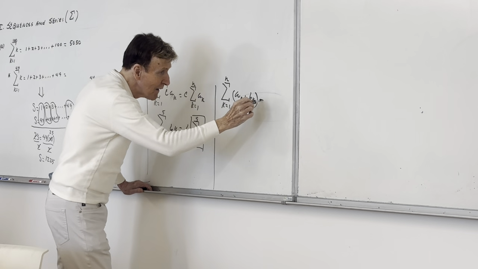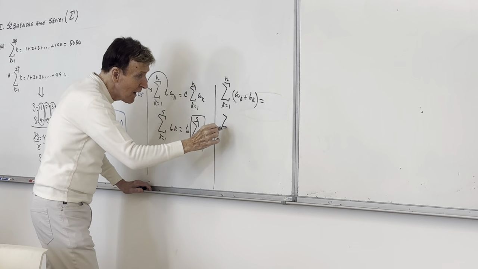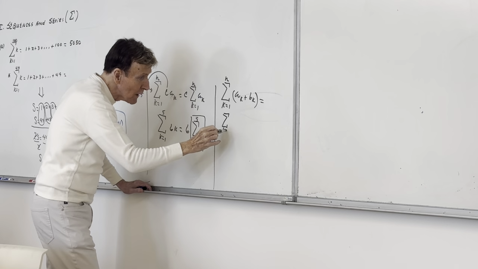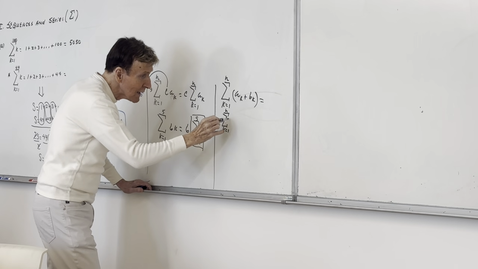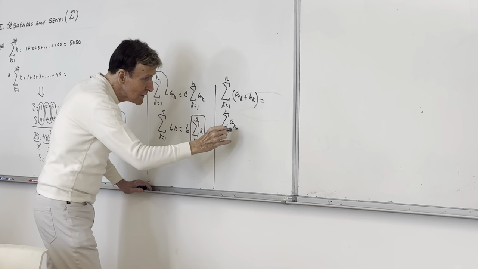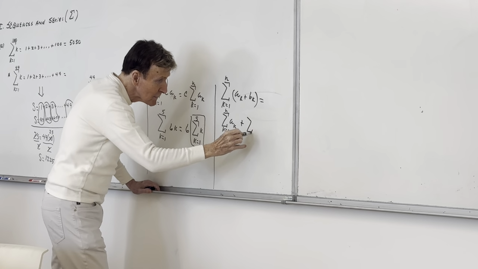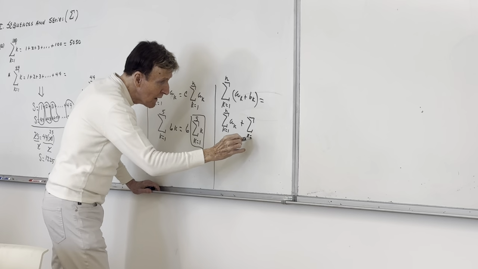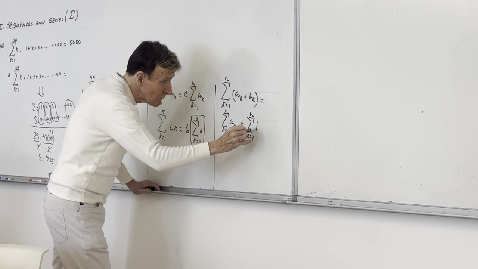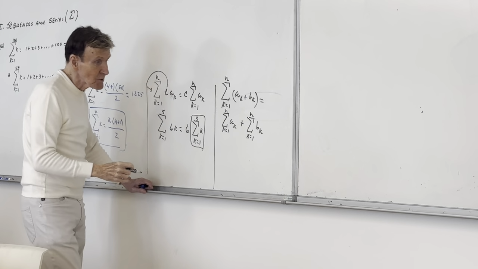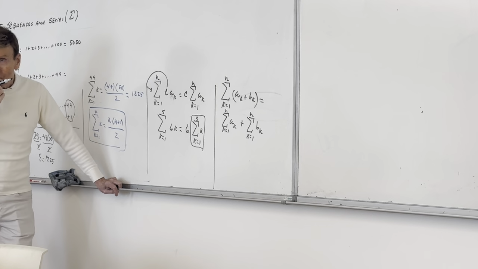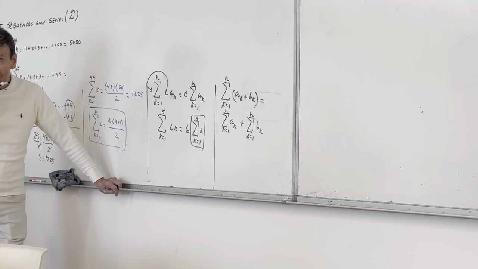You're allowed to use sigma, K equals 1 through N, of A subscript K, plus sigma again, starting at 1 up to N, of B subscript K. In other words, guys, you can split that up, and I'm going to apply all these formulas for you shortly. You are allowed to just split them up into 2 sigmas.